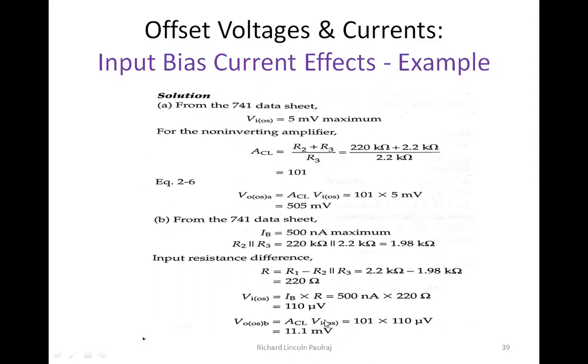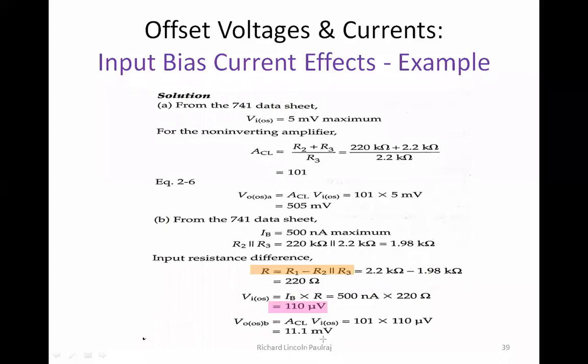This is the level of voltage that is getting changed just because of the difference in the resistances, between R1 and the parallel combination of R2 and R3. Because of that resistance I'm getting a changed potential of about 110 microvolts. Even though it's in micro, it still matters. It is not zero.